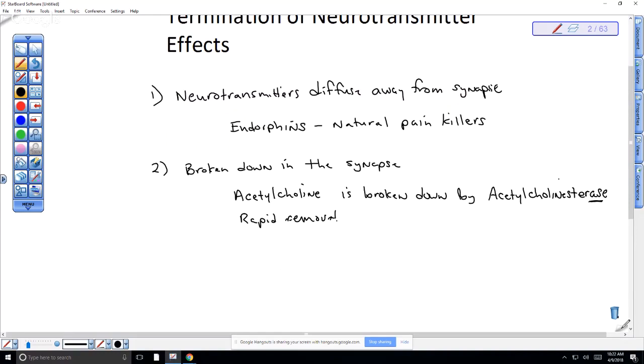If we look at the nerve gas sarin, and the insecticide malathion, both of these inhibit the enzyme. So they would inhibit acetylcholine esterase from doing its work. And so it makes acetylcholine stay in the synapse.